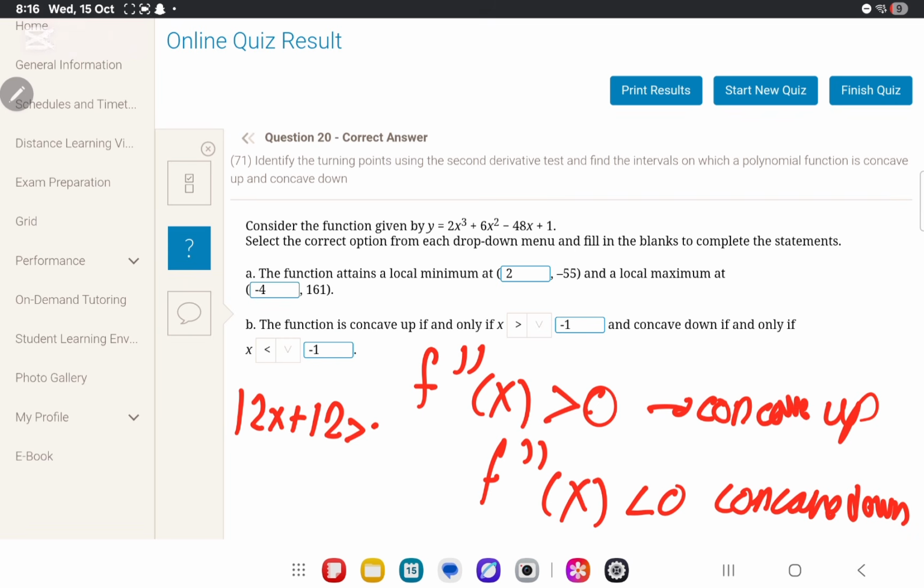So 12x plus 12 has to be greater than 0 to be concave up, so x has to be greater than negative 1. Now concave down is the opposite: 12x plus 12 less than 0, 12x less than negative 12, x has to be less than negative 1.